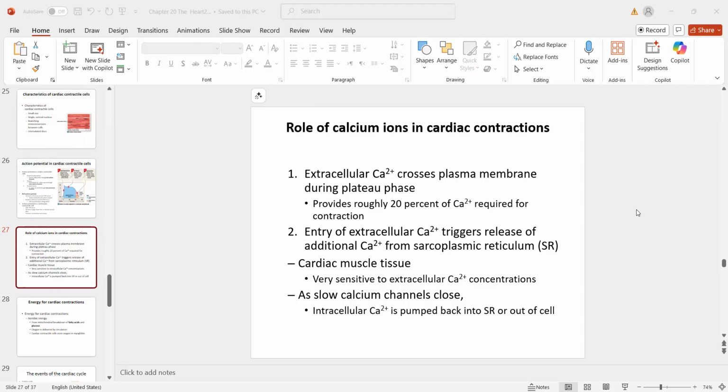For this reason, cardiac muscle tissue is highly sensitive to changes in the calcium ion concentration of the extracellular fluid. As the slow calcium channels close, the intracellular calcium ions are pumped back into the sarcoplasmic reticulum or out of the cell, and the contractile cell relaxes.